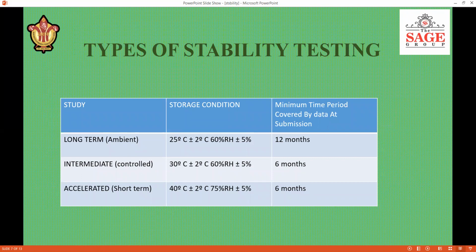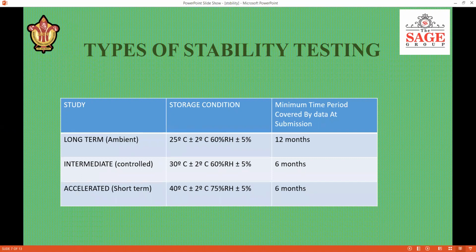Types of stability testing, meaning the storage conditions for the stability study. First is long term, called ambient. Storage condition is 25 degrees Celsius plus or minus 2 degrees Celsius and 60% plus or minus 5% relative humidity. Minimum time period covered by data at submission is 12 months.